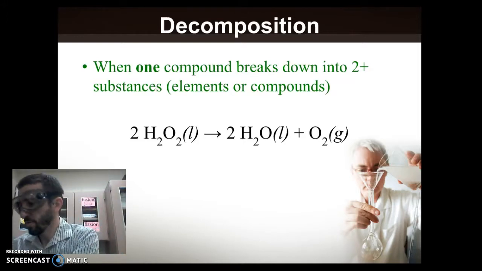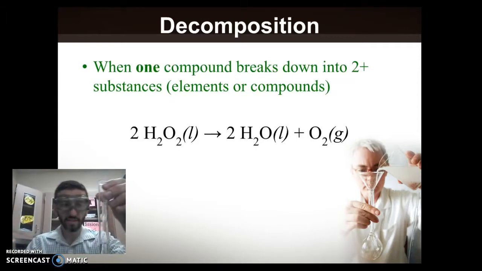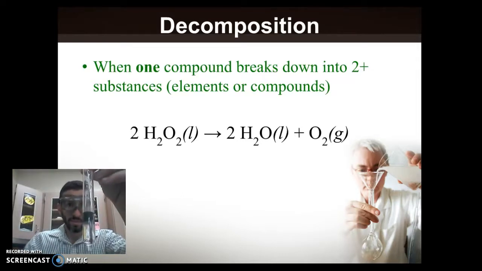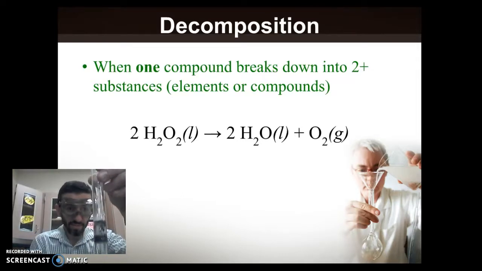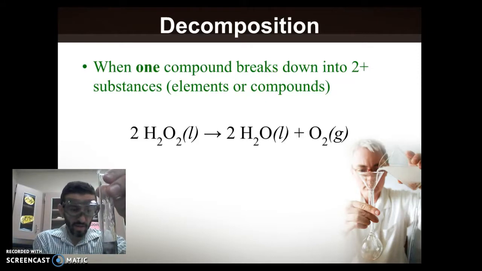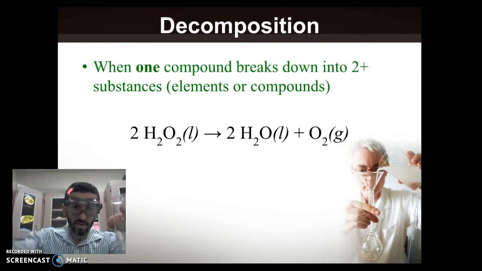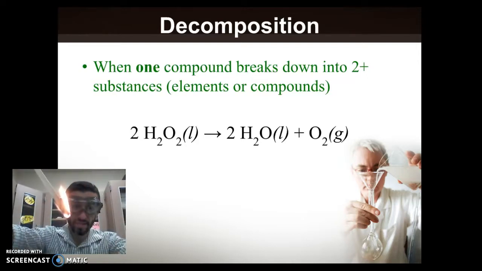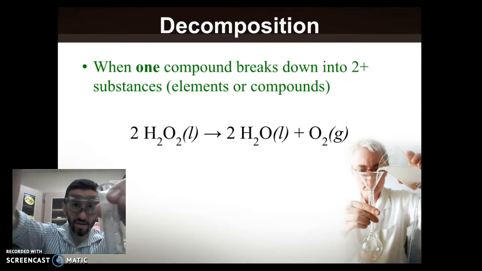And then I am going to get my catalyst, which is off screen here, and I'm going to put my catalyst in my hydrogen peroxide. So you can see the hydrogen peroxide bubbling right there. And I'm going to get my wooden splint and put it in there. And there it is, it relit. Okay, I'm going to do that again.